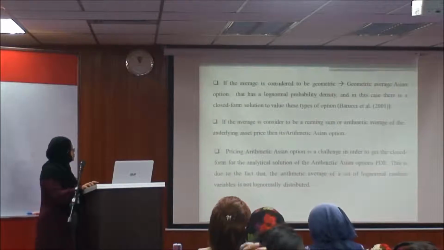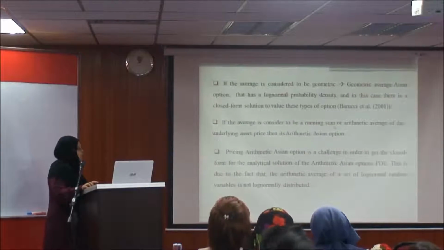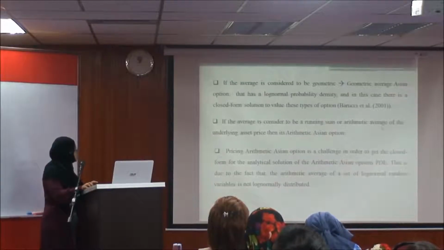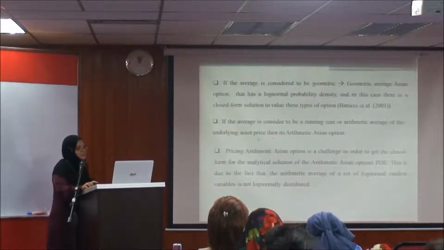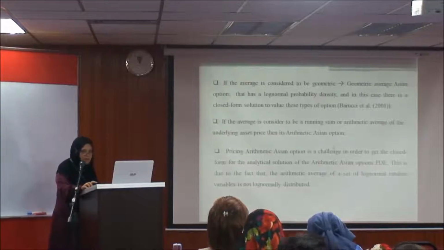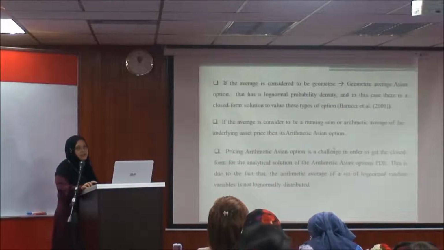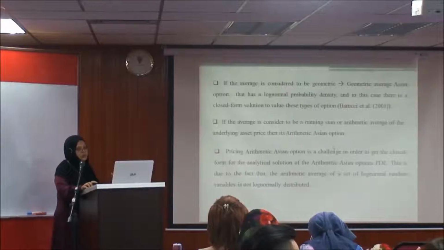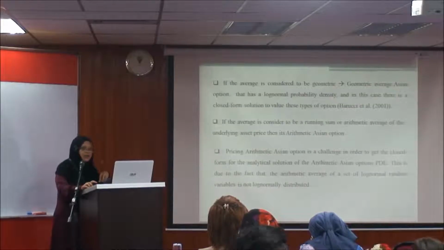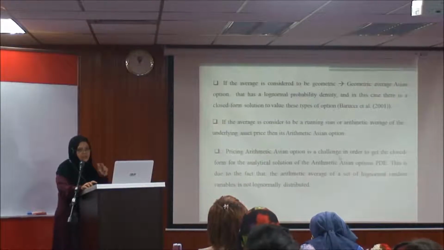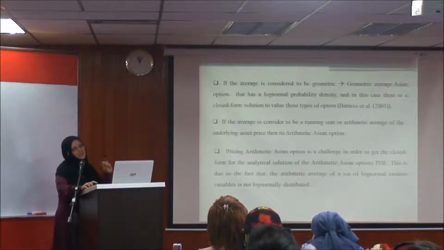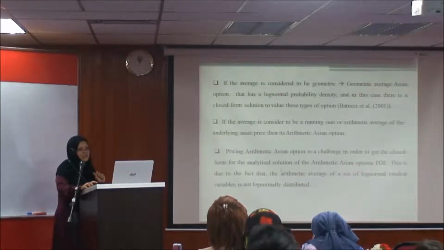But if the average is considered to be a running sum or the arithmetic average of the underlying asset price, then we get the arithmetic Asian option. This is the one that we are dealing with, because it is a challenge to get the closed form for the analytical solution.